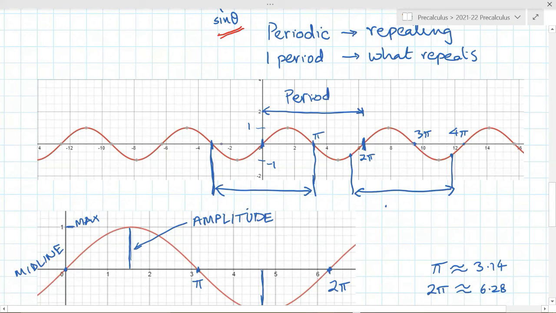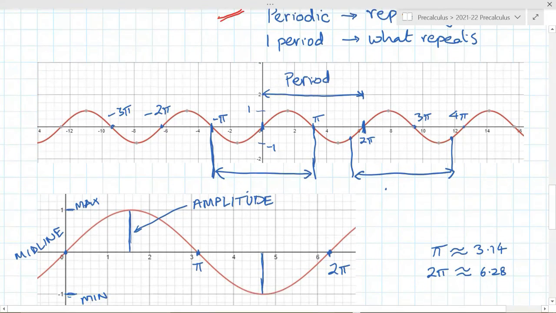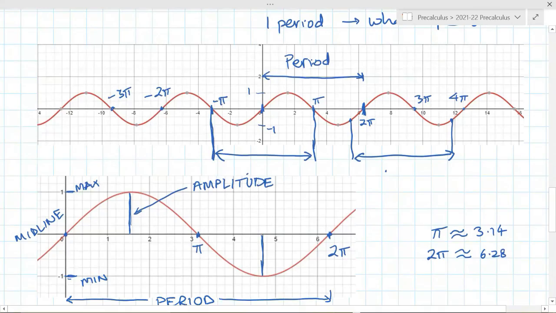And if you go the other way, this is negative pi, negative 2 pi, negative 3 pi. At every pi, it becomes 0. 0, pi, 2 pi, 3 pi, 4 pi, and on the other side, negative. Those are the intercepts. And y-intercept is 0 because it's crossing there.